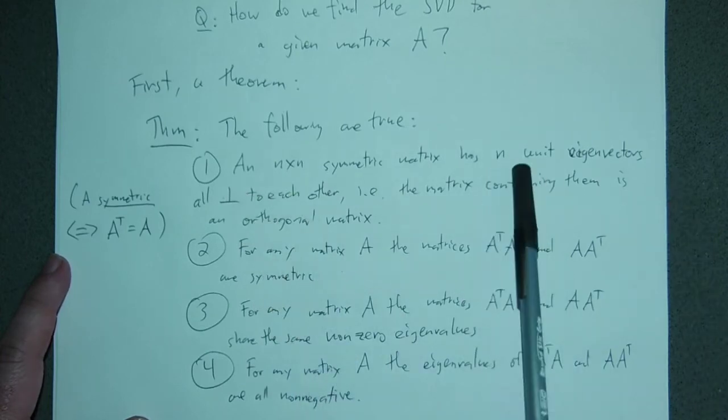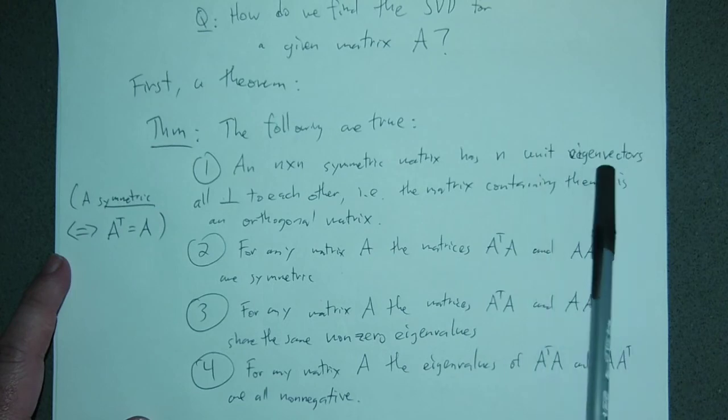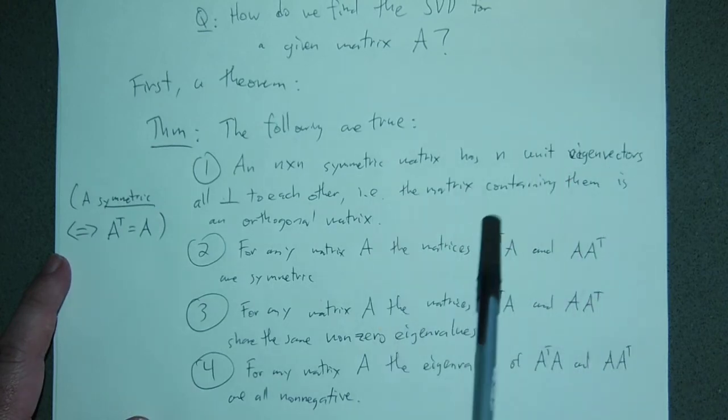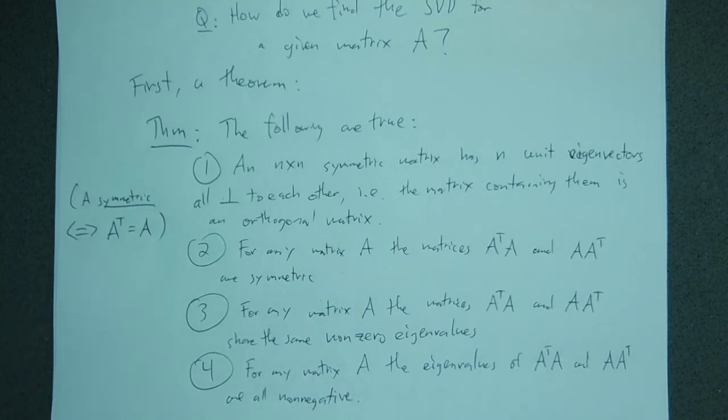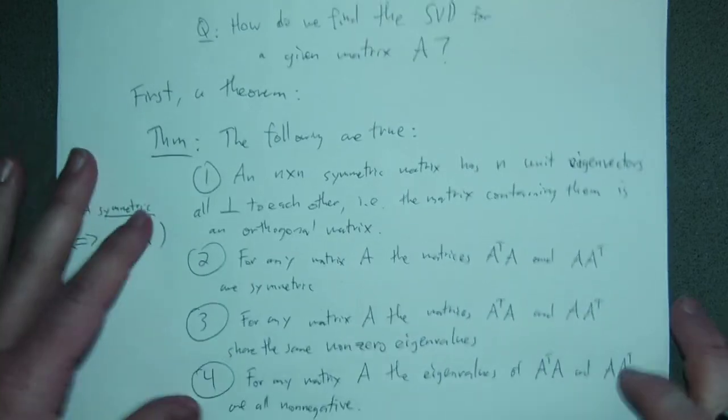Namely, if I can find their eigenvectors, well, normalizing them, what do I get? I get an orthogonal matrix containing the eigenvectors, which is actually similar in process to how I diagonalized a matrix. The only thing now is that the sizes don't actually have to match up the way they do for diagonalization.